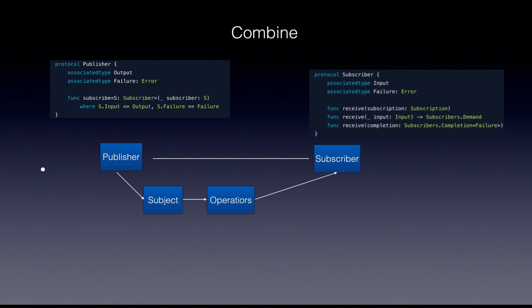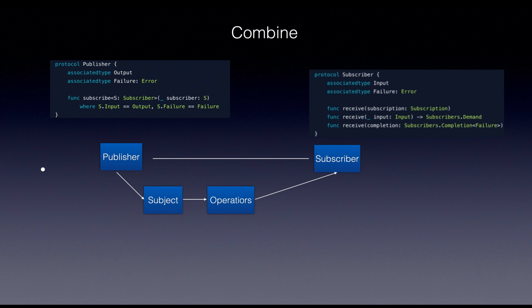And operators are used to modify the type of the value or to transform it to another publisher, and to do some modifying operations on the emitted value before emitting it to the subscriber. The Combine framework provides certain operators.